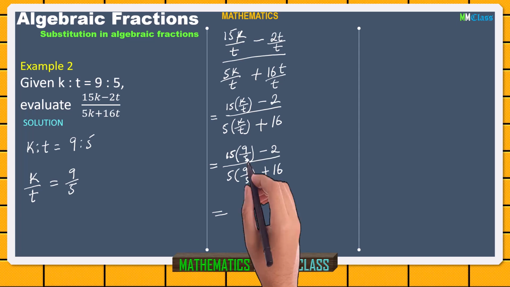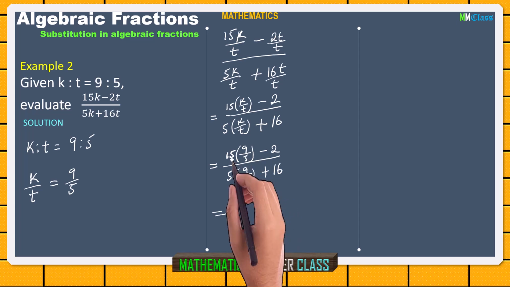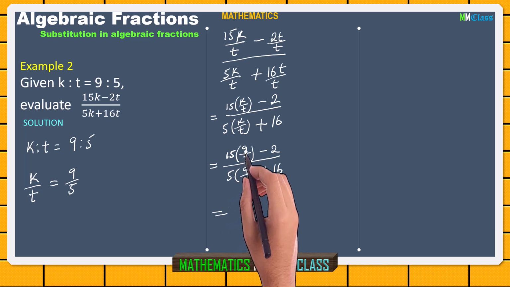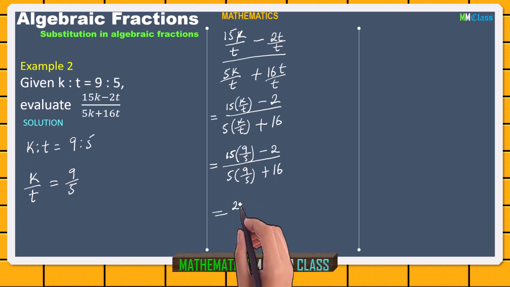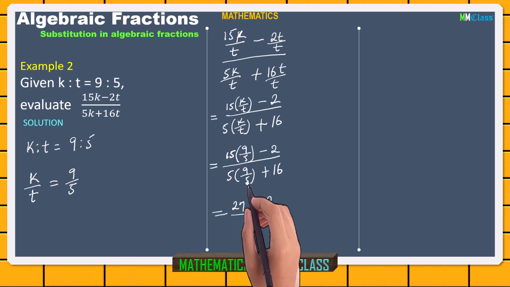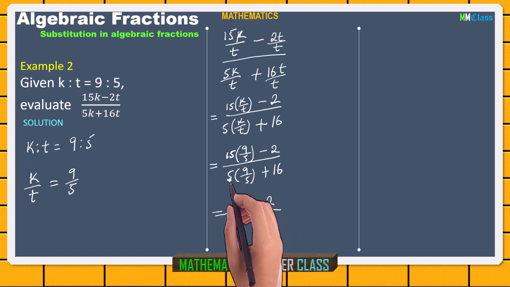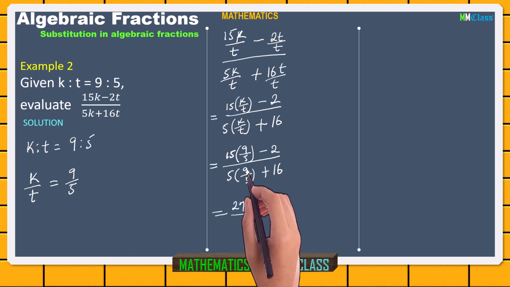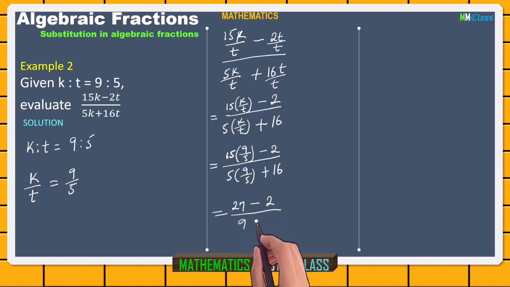Now, 5 can divide 5 one time, so 1 times 9 will give us 9, minus 2, all over 5 can divide 5 once, 1 times 9 will give us 9, plus 16.